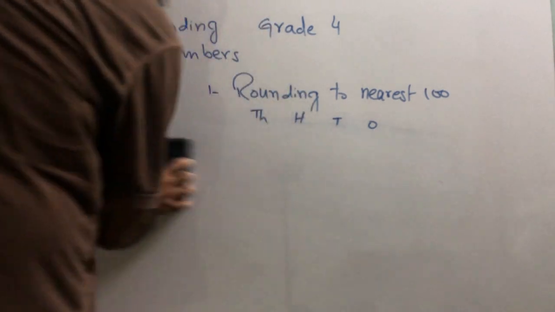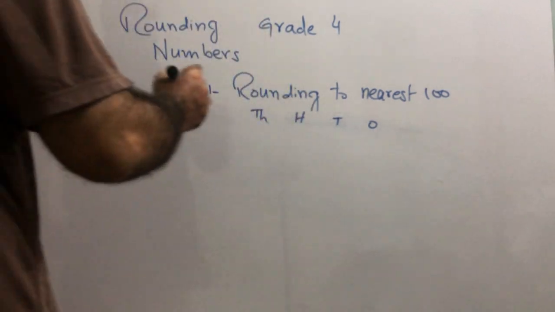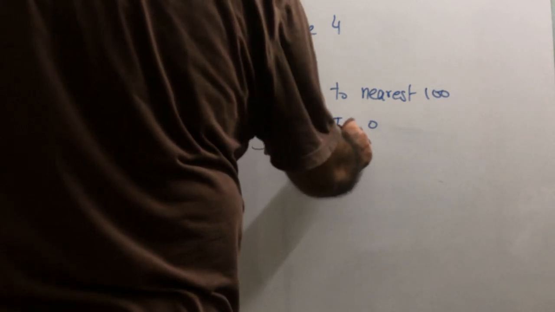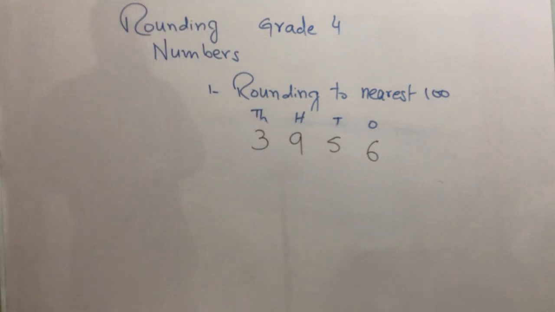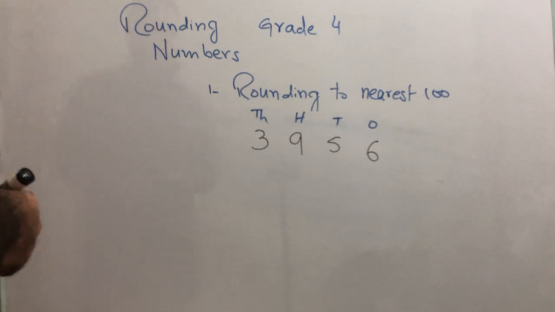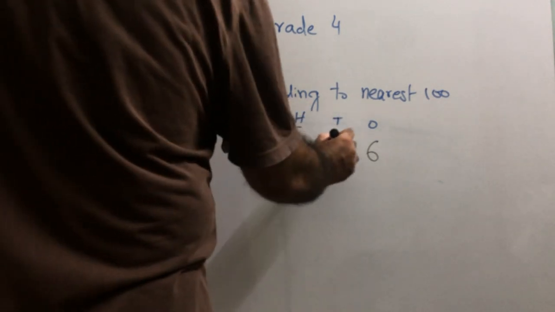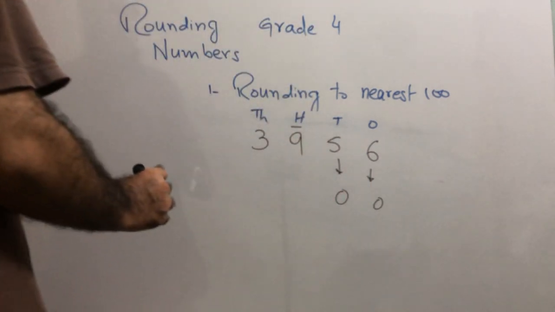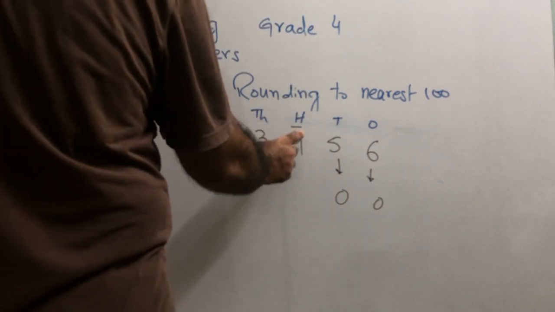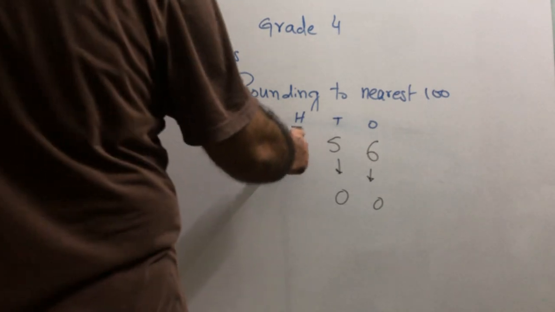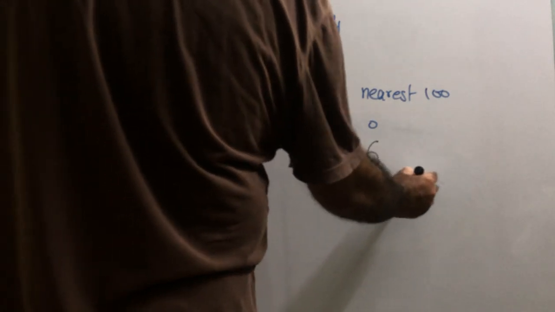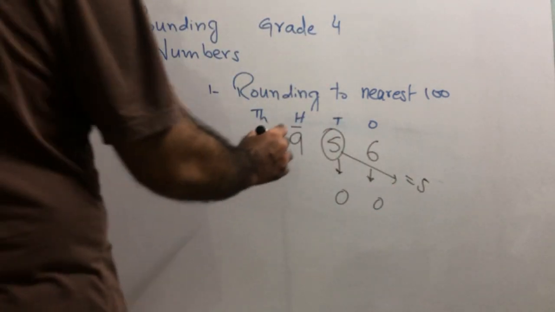Now we will be doing another example. 3956. This is the number, and if we say that we need to round it to the nearest 100, the very first rule is that both the digits on the right side of the 100 place become 00. Then the second rule is that the neighbor of this 100th place, which is 5, we see if it is equal to 5 or greater than 5, then we add 1 here.